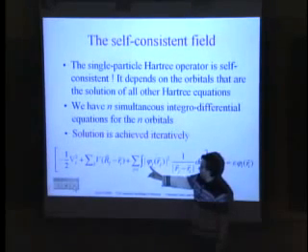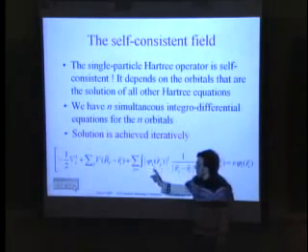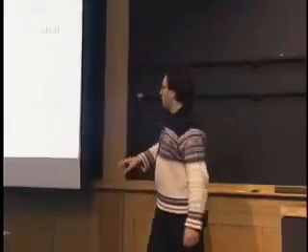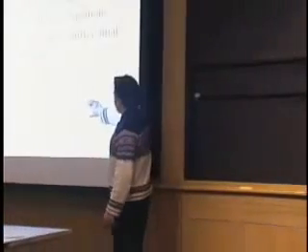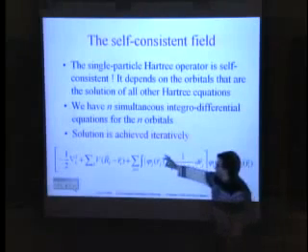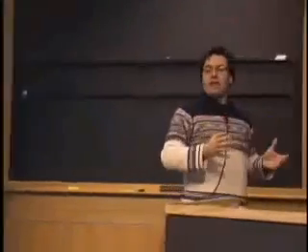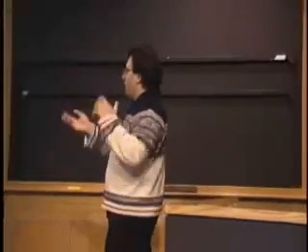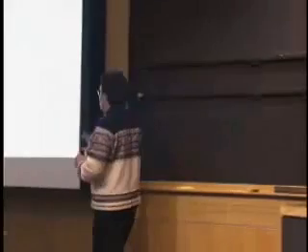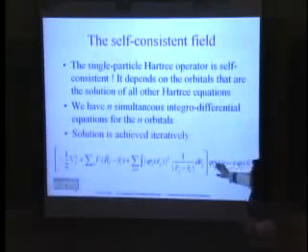So it depends on what the solution to all the other differential equations are. So if you want to know what electron I does in the mean field of all the other electrons, you need to know the wave function of each and every other electron. But in order to solve for the wave function of each and every other electron, you will need to know also what electron I is doing.